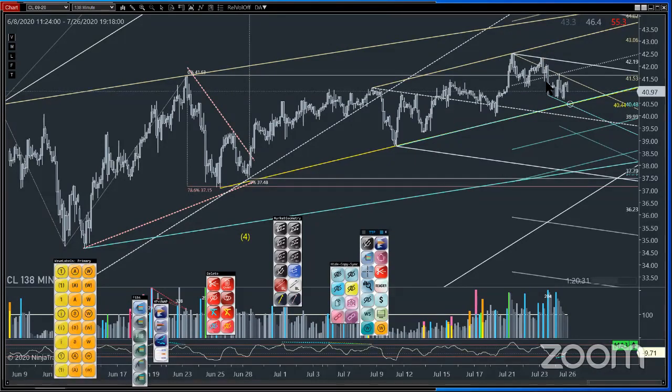And it looks like a 1, 2, 3, 4, but they're overlapping. So maybe this is a triangle 4. But I think we're going to make it down here pretty quickly. It might be worth waiting up for over the next few hours.